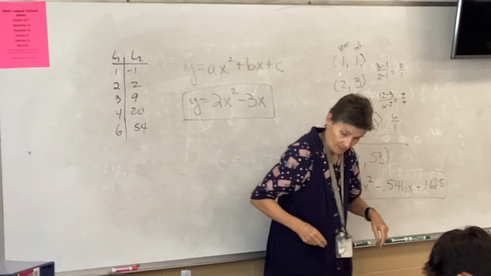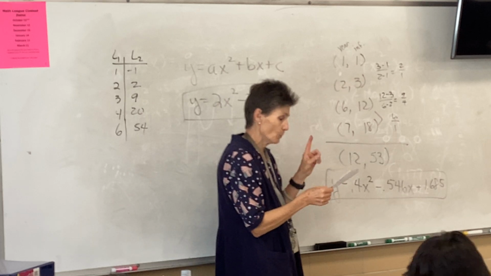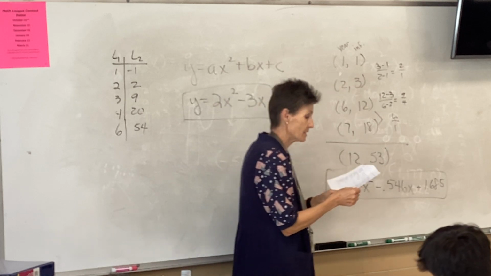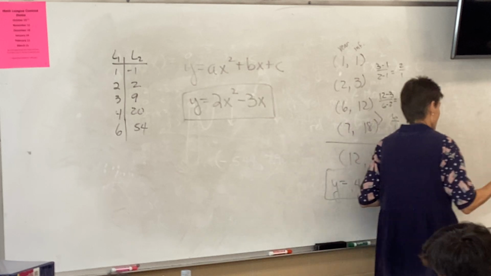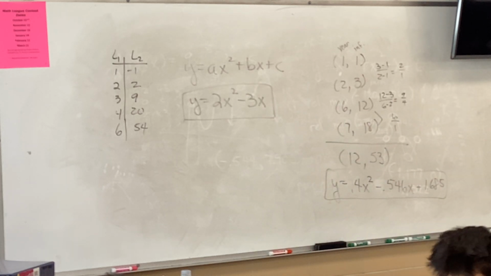Yeah. All right. While we're on this page, let's do 11, because that's another calculator problem. And then we'll stop with the calculator and do some other stuff. Let's do number 11 on this page.